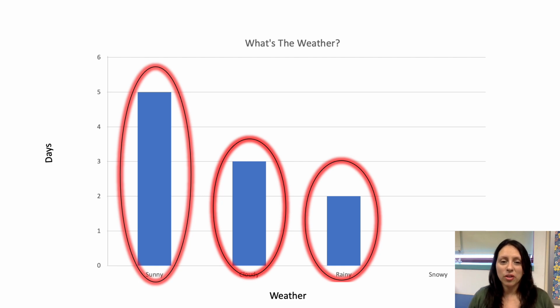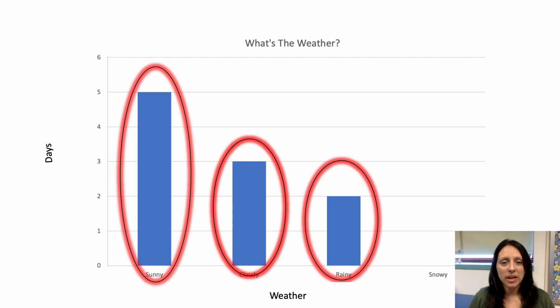And let's look at the third bar. What word is that bar above? Rainy. And how many rainy days were there? You're right. There were 2 rainy days.